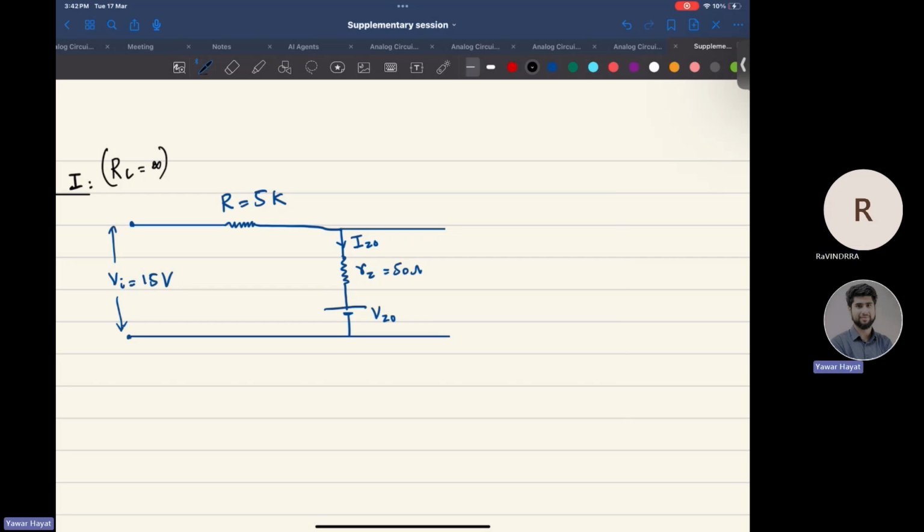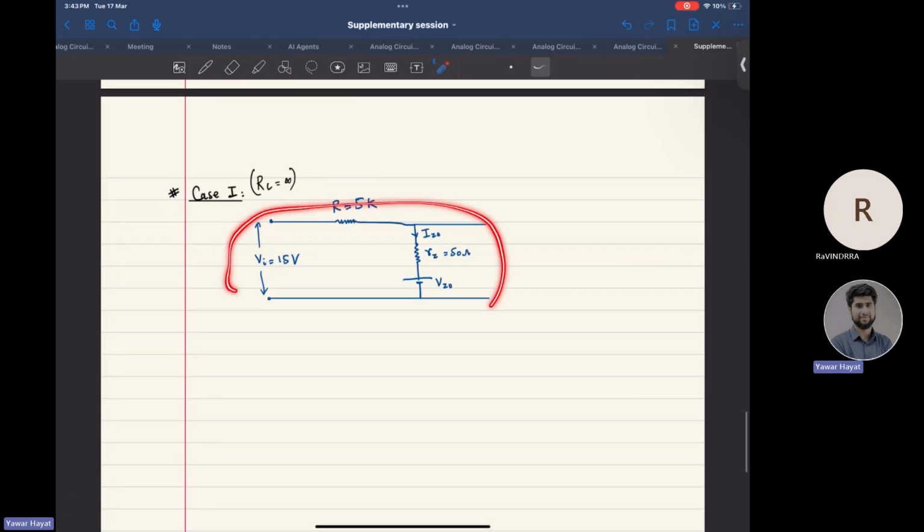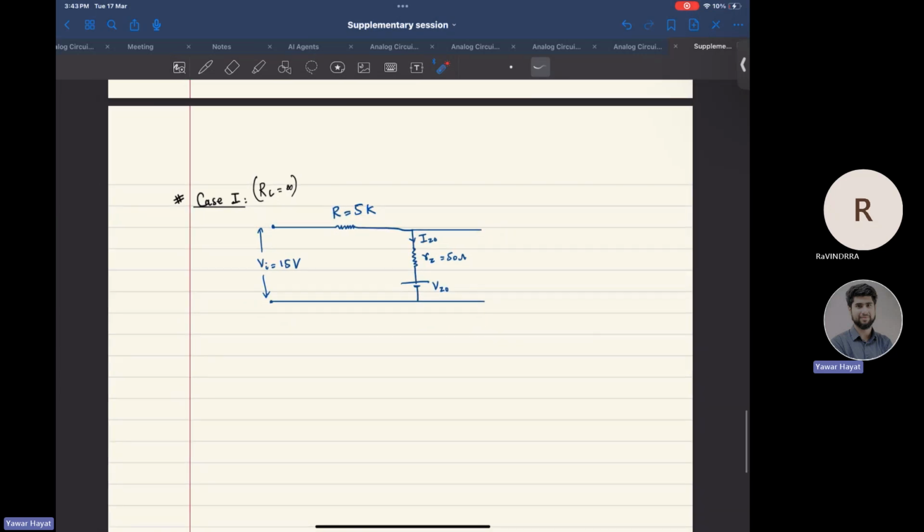Let's see why. Do you agree with me? If RL is infinity, we'll have an open circuit here. So this is the circuit that we have, and we need to find this. In other words, if this is ground, this V naught is the potential we need to find.